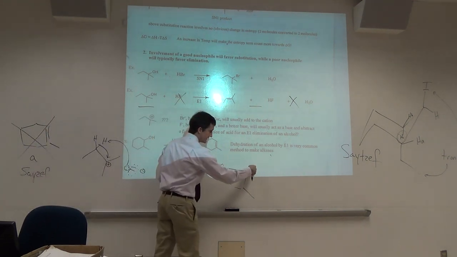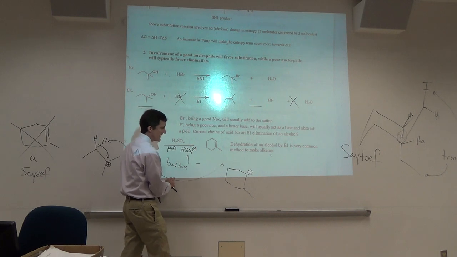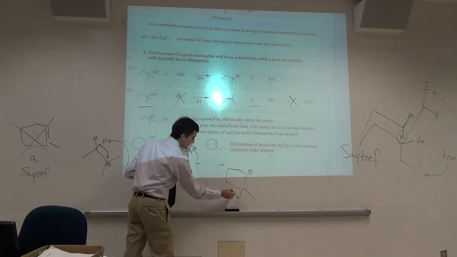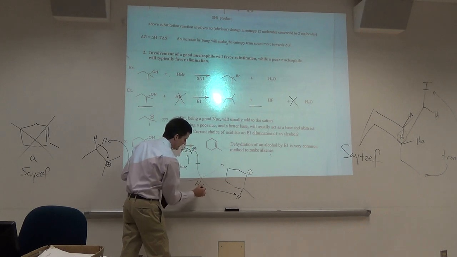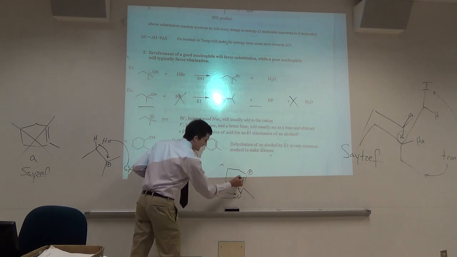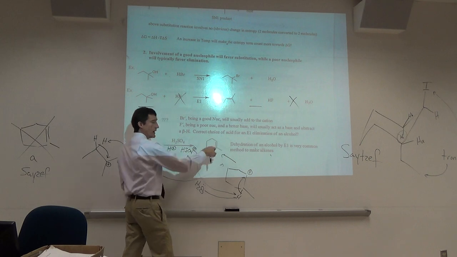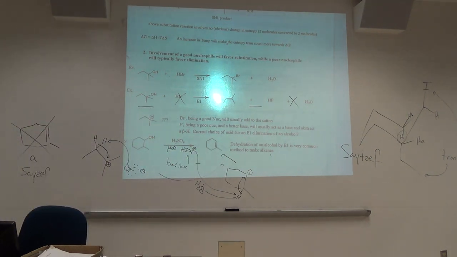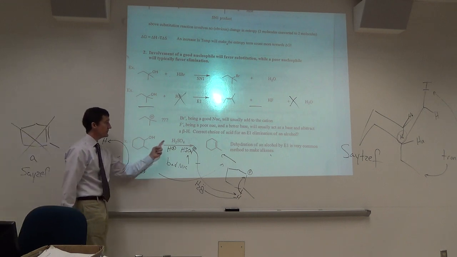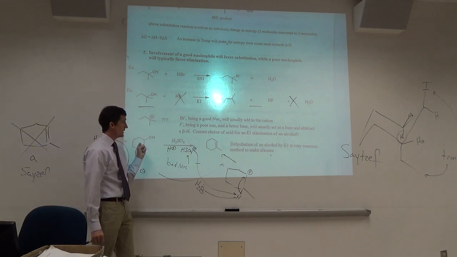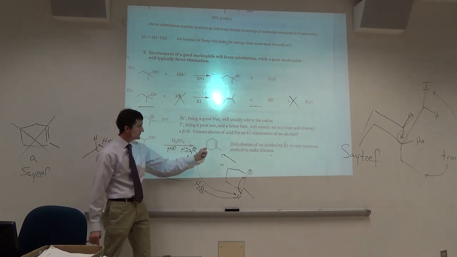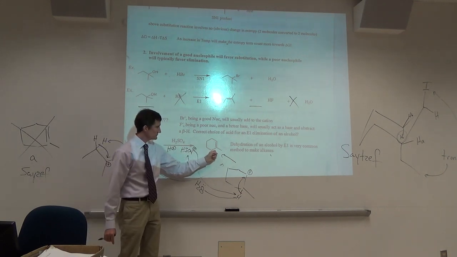It will not add to the cation. It's a bad nucleophile. Instead, something will just take an H. Maybe this, maybe just water. Put the electrons in, and you get the double bond. This is a common reaction of alcohols. To dehydrate them, we remove water. This now has loss of H2O.